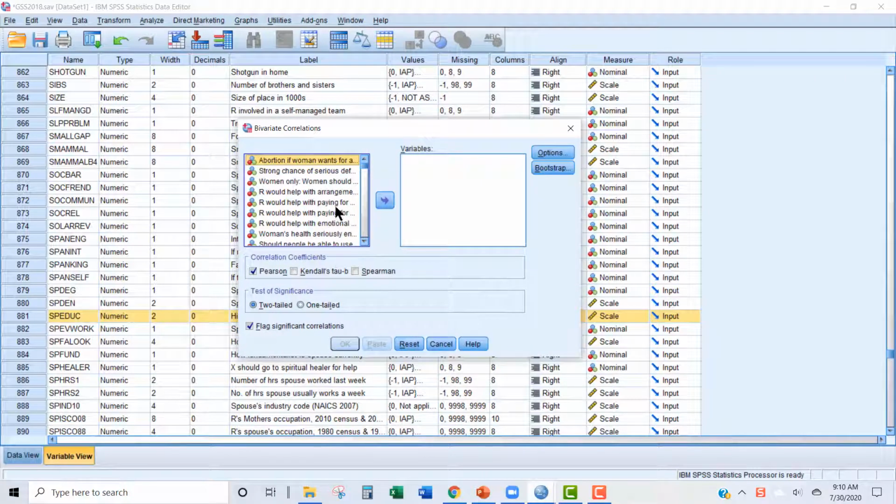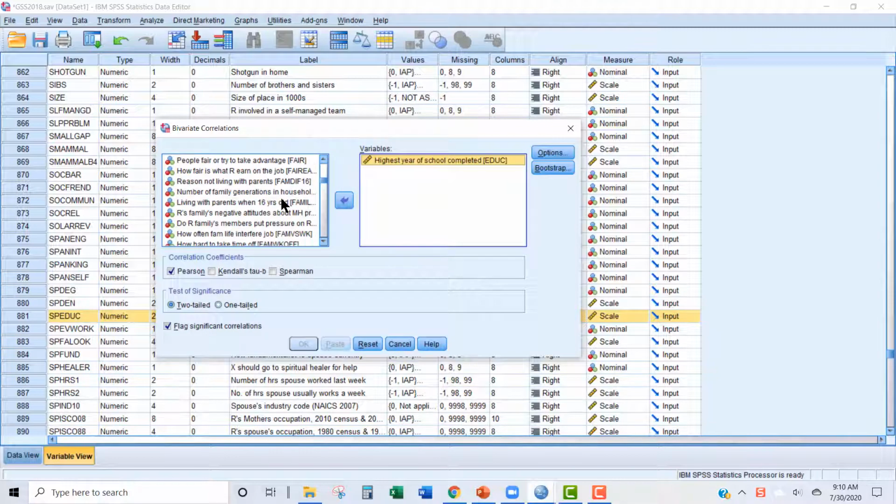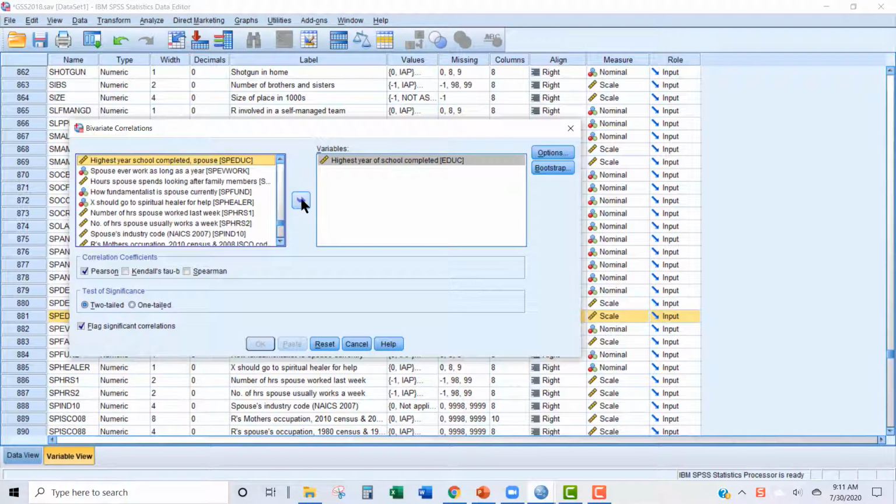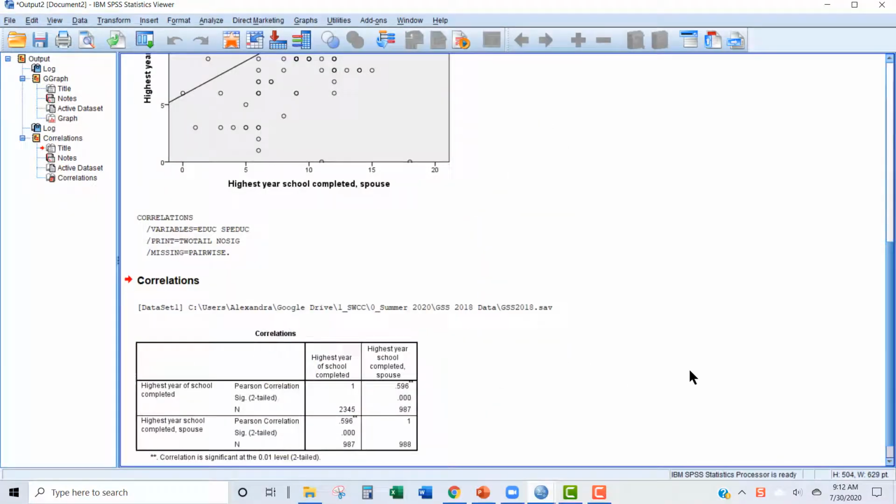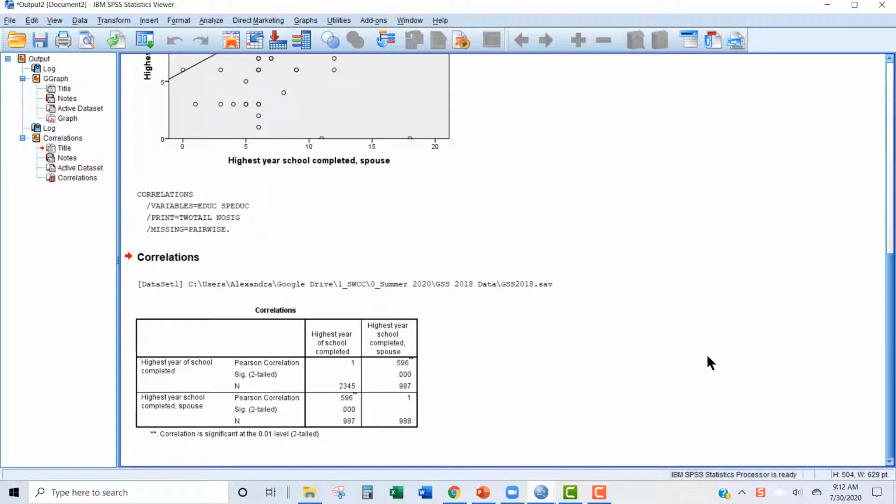Again, our two variables are education and spouse's education. Click OK. And now we get the correlation table. Here you can see highest year of school completed correlated to highest year of school completed gives you a 1 because it's the same variable, right? So there's a perfect correlation. So we're kind of ignoring this table and this table right here.